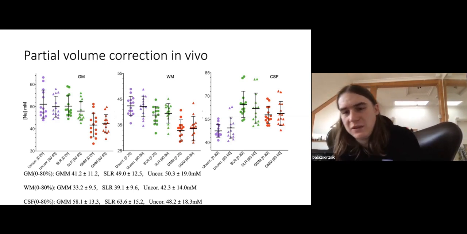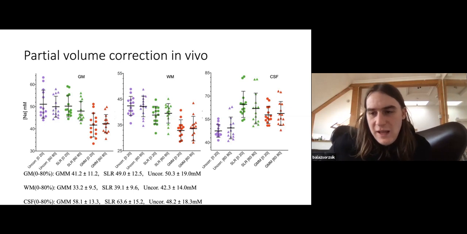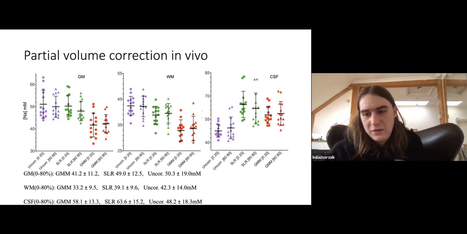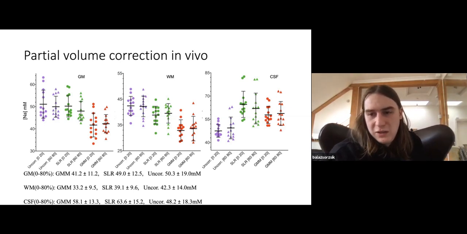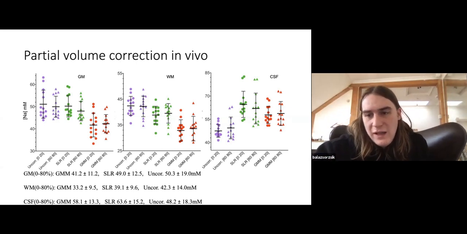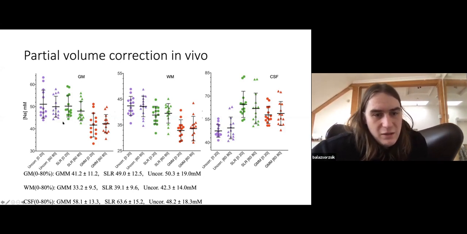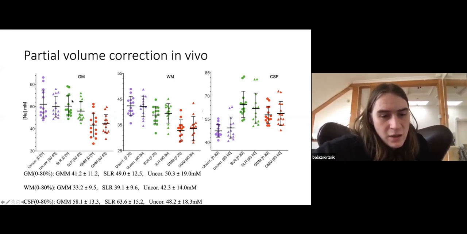young participants. So it would make more sense to test these on elderly participants, where there is increased CSF and reduced gray matter fraction.